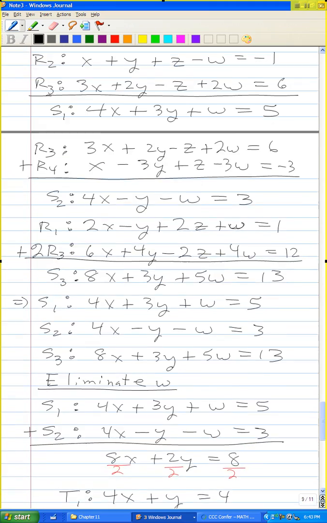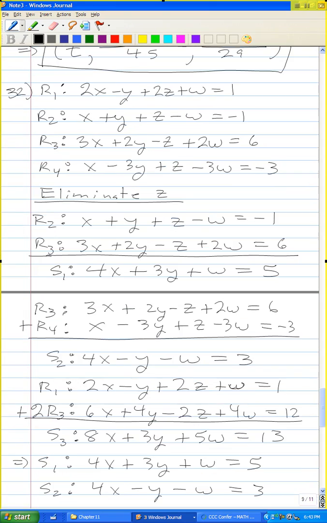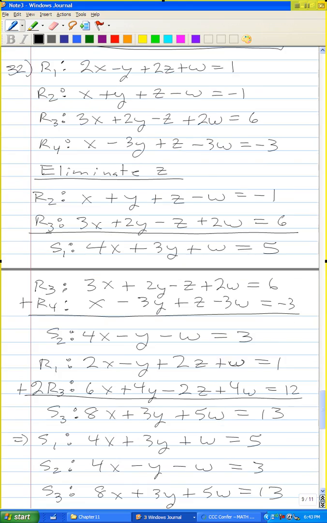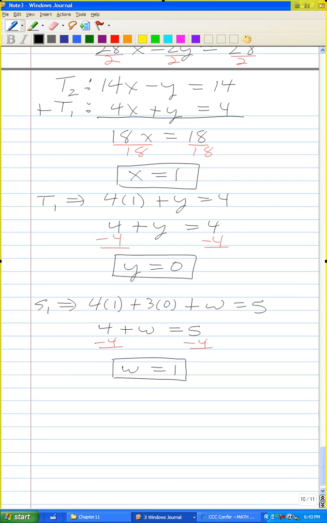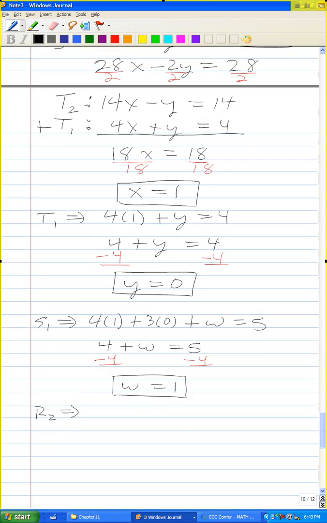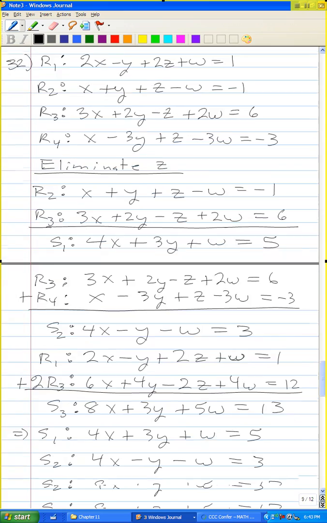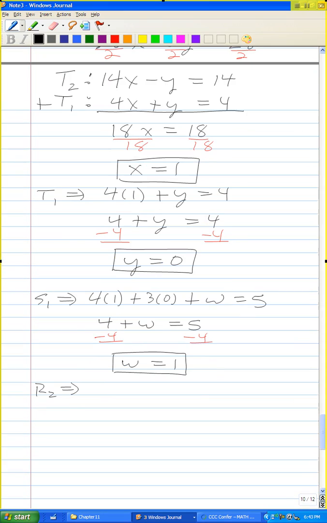So let's do R2. x plus y plus z minus w equals negative 1.